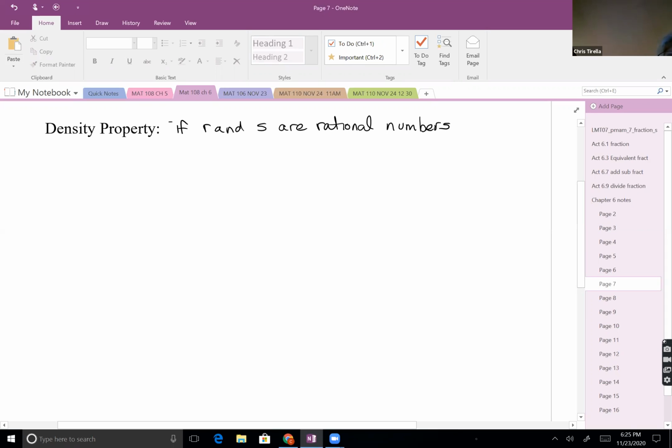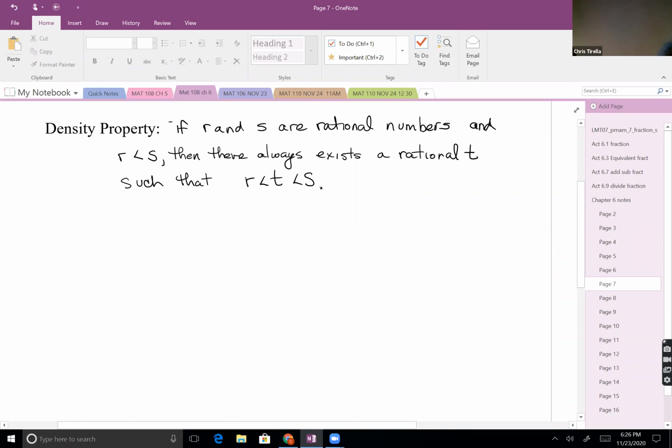So we've got two fractions, and we'll say that R is less than S. Then there always exists a rational number T such that R is less than T is less than S.